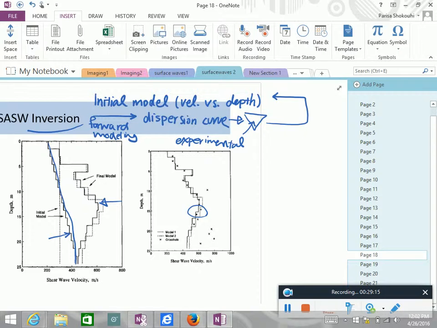So it is a shear wave velocity profile. It's not just shear wave velocity. If you know this with depth, you can calculate the dispersion curve. You know the wavelengths of each frequency, so you can very easily calculate the dispersion curve. Normally, you don't do it by hand. You do it by numerical modeling.